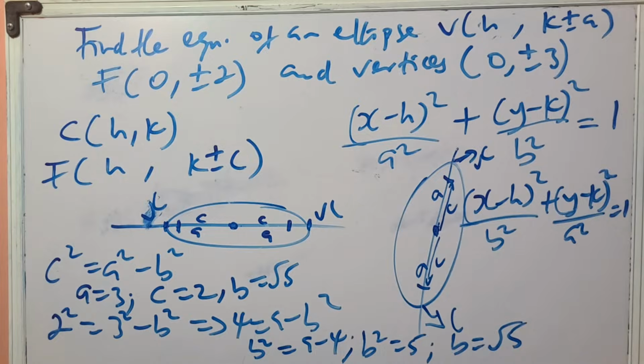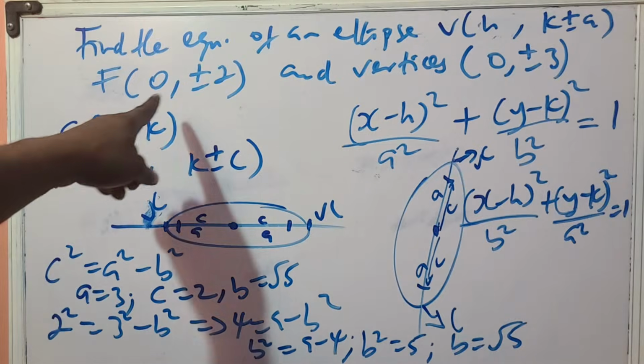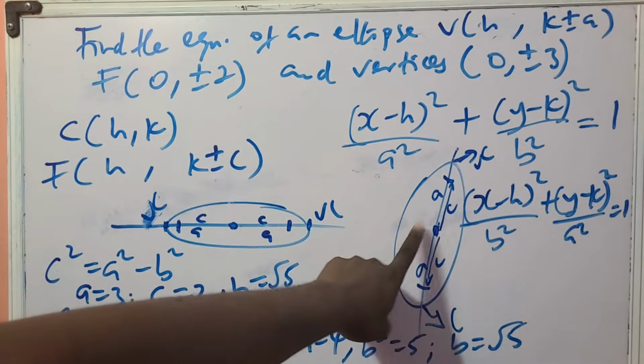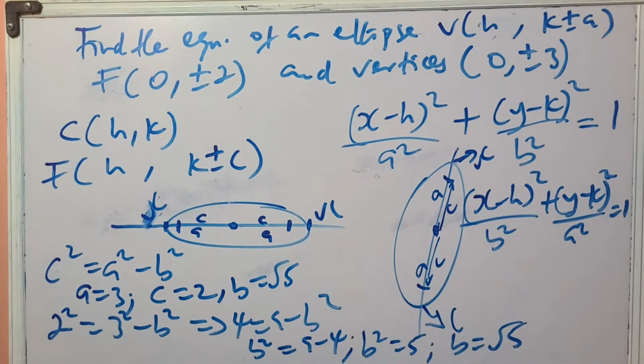All right. So now we have gotten our A, we've gotten our B, we've gotten our C. We don't actually really need the C for the equation. We only need our A and B. So that means I can go on now, remembering that this ellipse was that of this. So my final answer will be what?